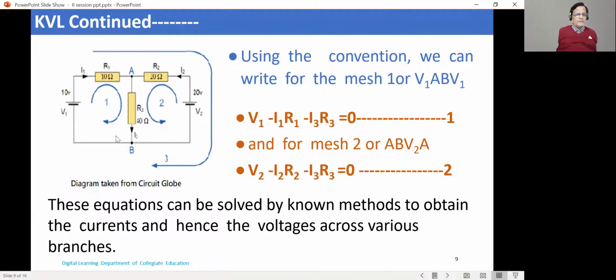As you can see from the diagram, the current I3 is made up of the current I1 and the current I2. Both I1 and I2 flow into I3. Therefore, I3 can be represented as I1 plus I2. Therefore, ultimately there will be two mesh equations in two variables. So, for each variable we can uniquely find out the value of that particular term.